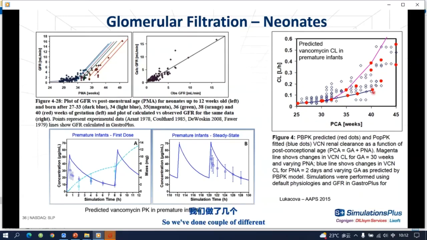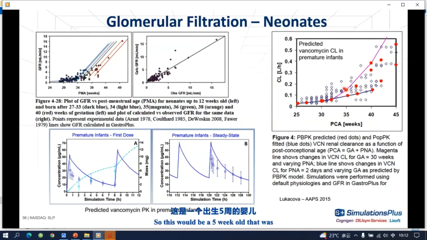So we've done a couple of different calculations. The blue one here is showing 2-day-old babies, so basically newborns, at different gestational ages. And the purple line is showing babies born at 30 weeks and different postnatal ages.